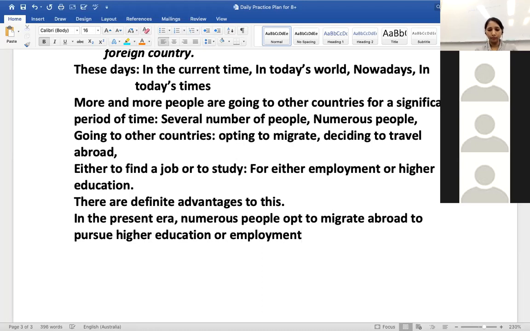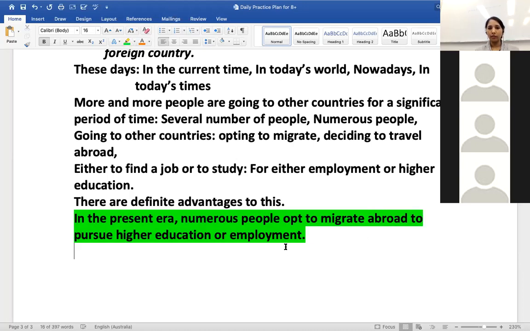Is this clear? Yeah. Any doubts? No. So you look at all your keywords and you think of your synonyms.